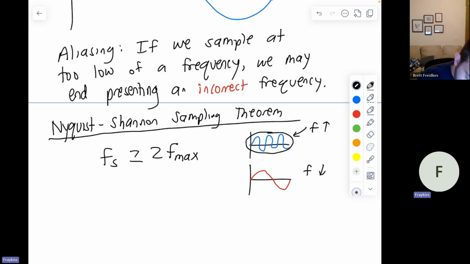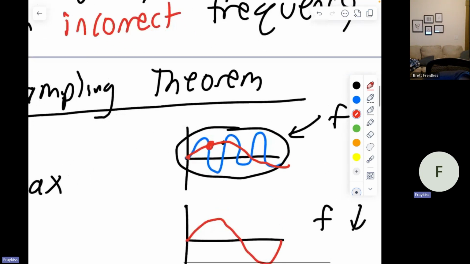Because otherwise, this signal may represent itself, and maybe it looks like that because of the fact that I am sampling at very strange times. Because I'm not sampling quickly enough.